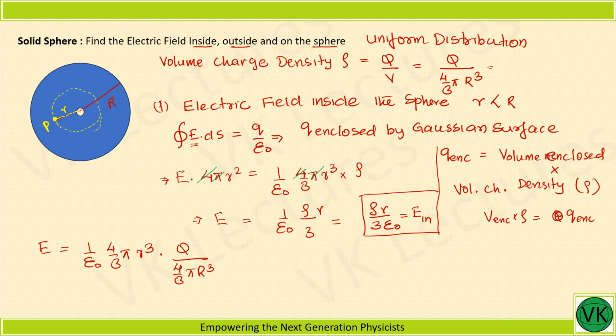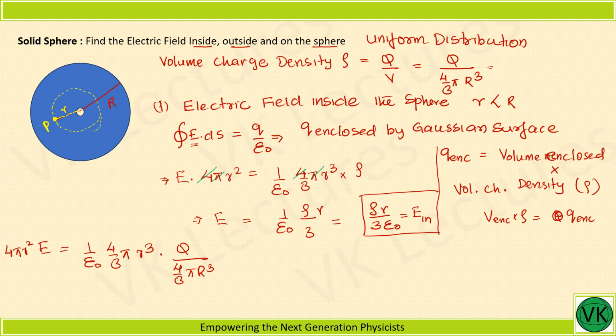So here as well we can cancel out the quantities. Here we have E into 4 pi R square. So E 4 pi R square.